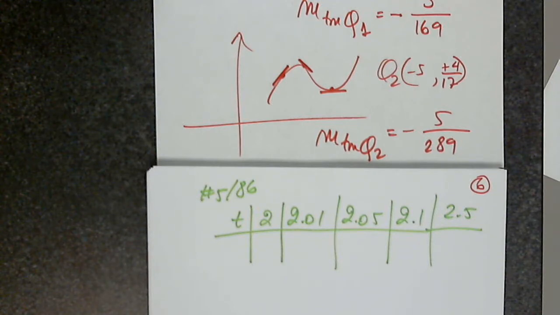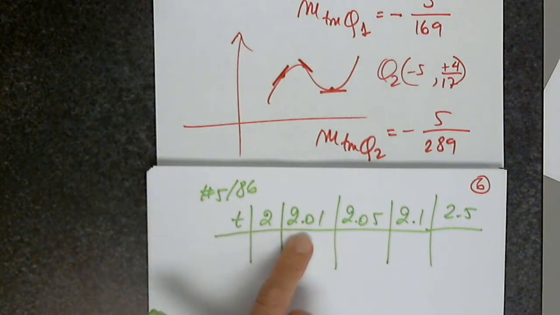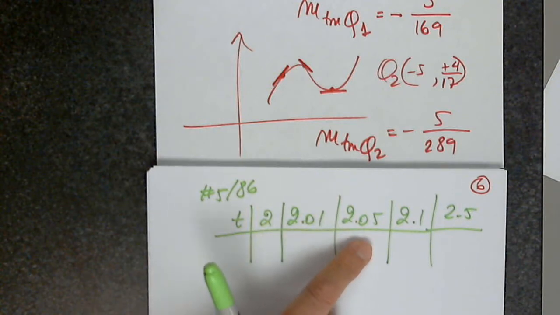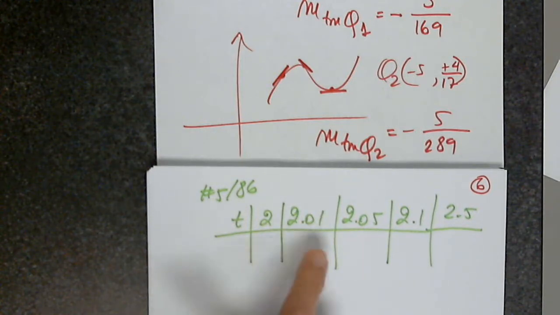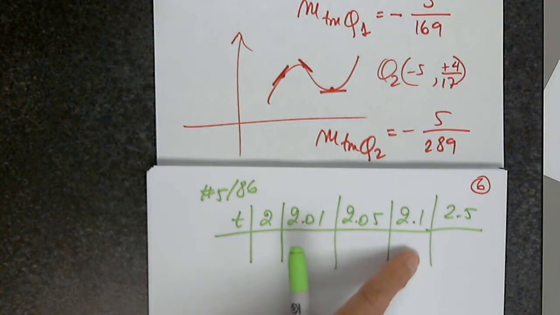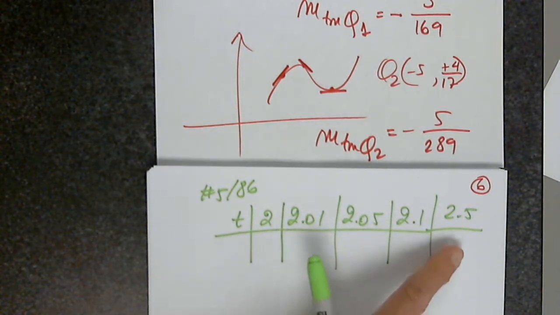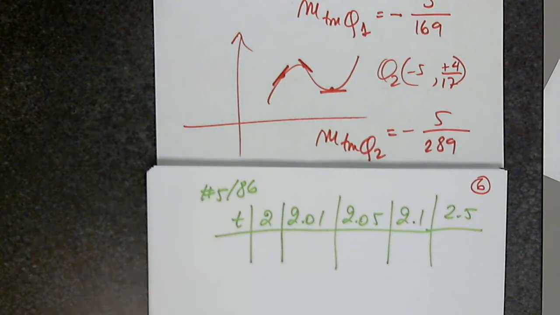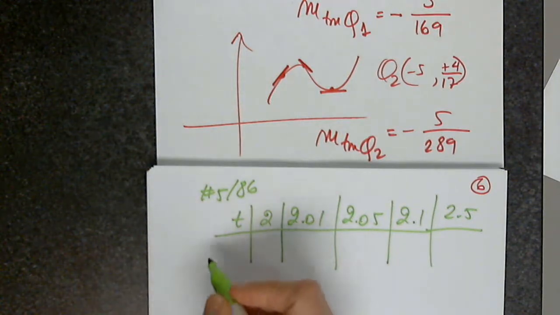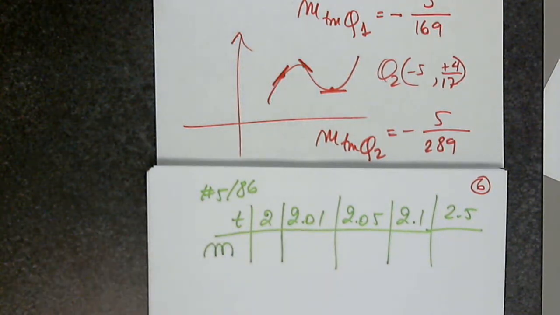So we are told to find the average velocity for the time period beginning with t and lasting, so between 2 and 2.01, between 2 and 2.05, between 2 and 2.1, and between 2 and 2.5. So in order to find the average velocity, I will create a function.